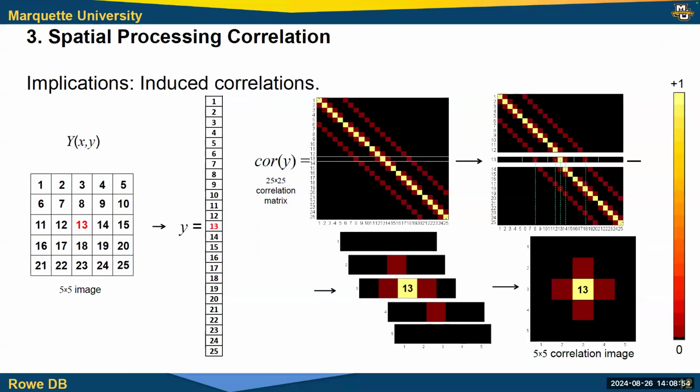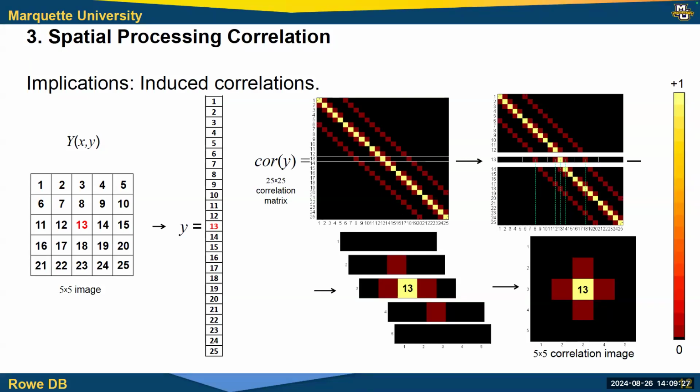So what I want to do is, whenever we have an image, we can number the voxels, and I'm going to number mine from top left to bottom right. Okay. And so we can stack the voxels into a vector, and we can calculate the correlation between these voxels once we vectorize them. And then once we have this correlation matrix here in the top middle, then we can take a particular row of that corresponding to a voxel of interest, right?